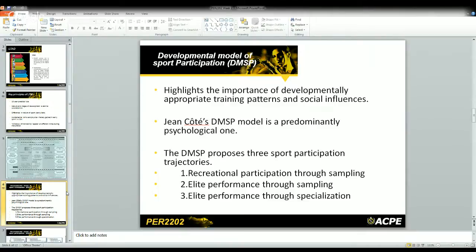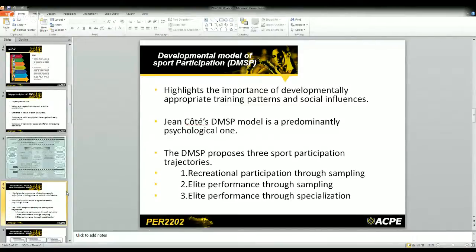So elite performance through sampling is about having young athletes or young children sample a lot of sports. They'll gravitate to what they like, and maybe they will be identified by their young coaches as having an innate ability, or their work ethic develops this innate ability, and that leads them into elite development.